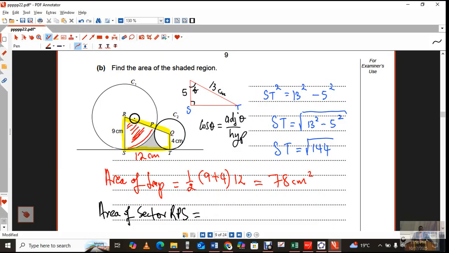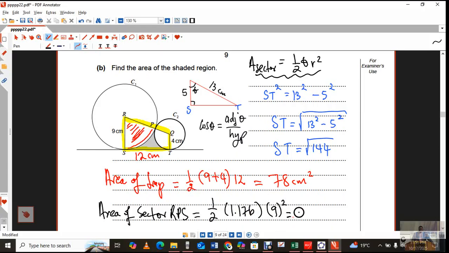The formula to calculate the area of a sector is a half times the angle times r squared. You'll find this in your formula sheet. So I'm going to say half. We have determined what that angle was, 1.176 radians, times the radius, and the radius for that sector is 9, squared. If you punch this in, you're going to get 47.6286 square centimeters. I'm going to stop there.